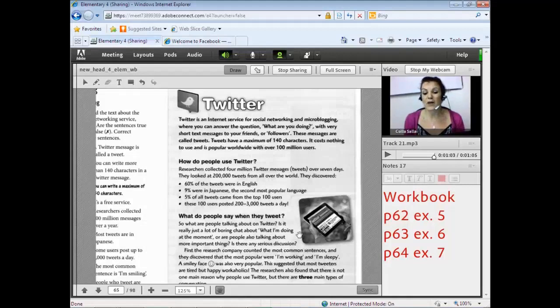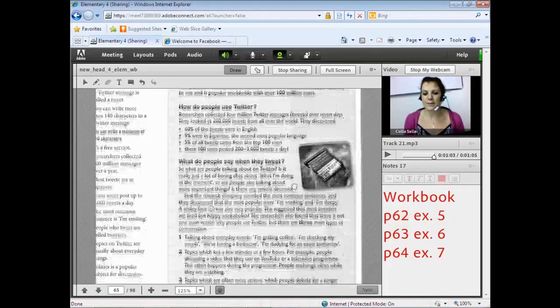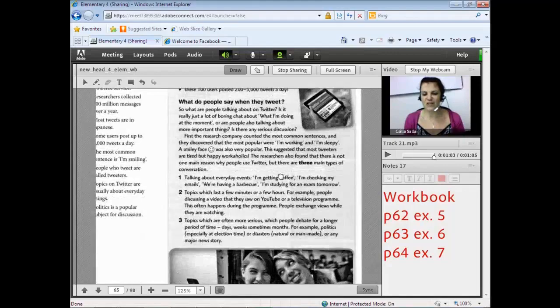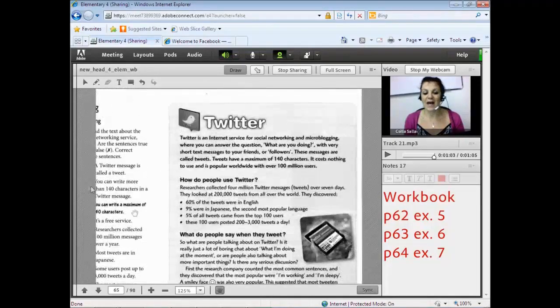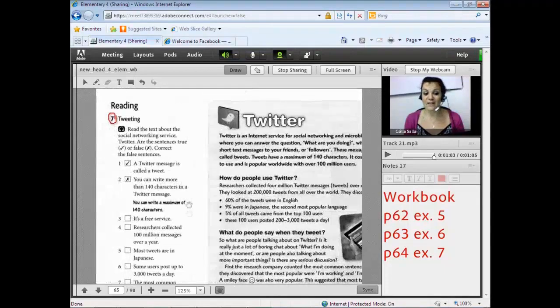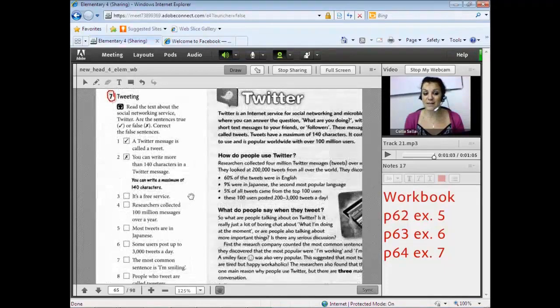But you still have to try to get the general idea, okay? So please read it carefully and try not to look up the new words in the dictionary. And still try to decide whether these sentences on the left-hand side of the page are true or false. Okay? So that's the homework in the workbook.